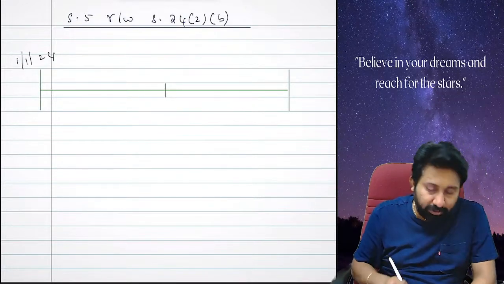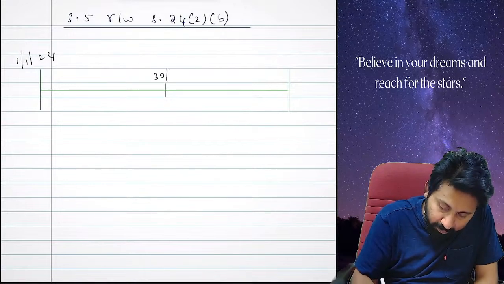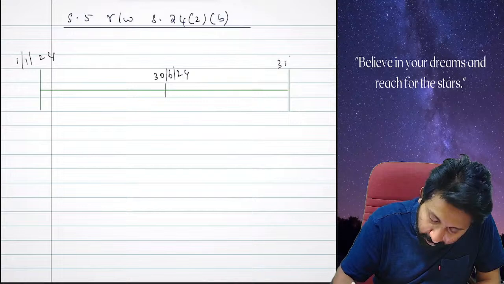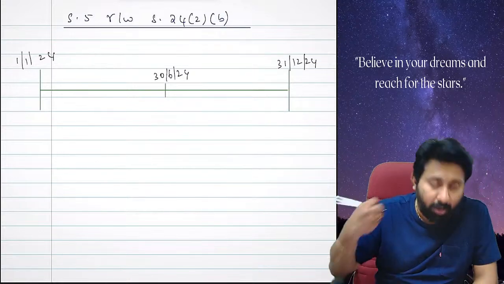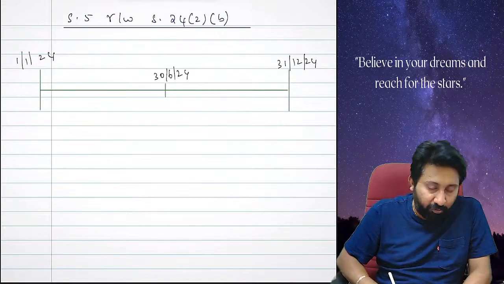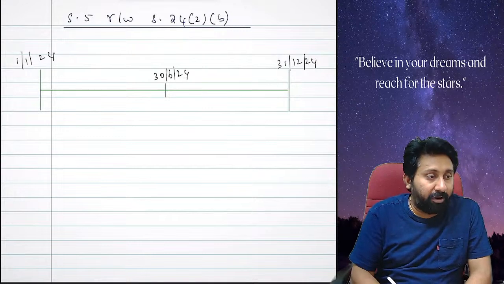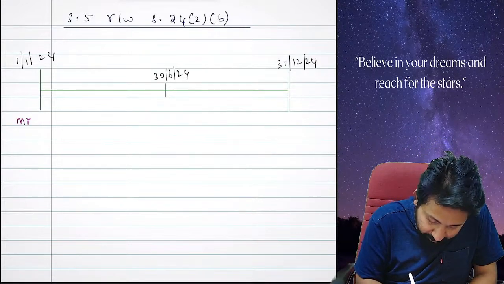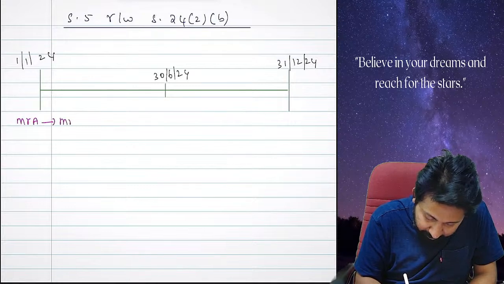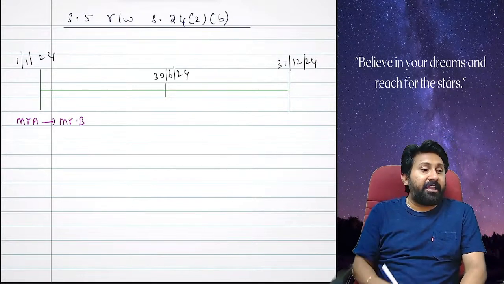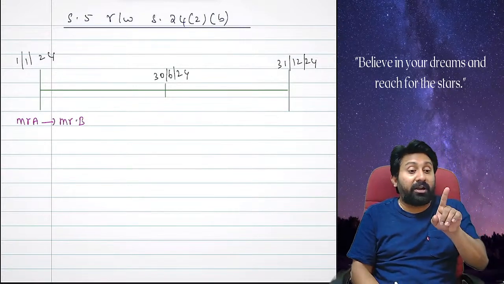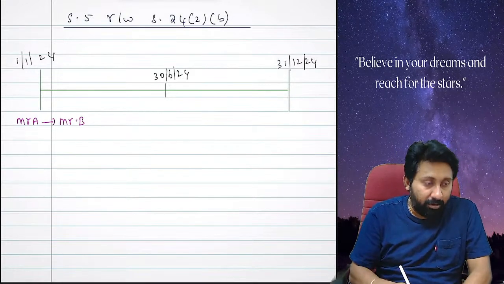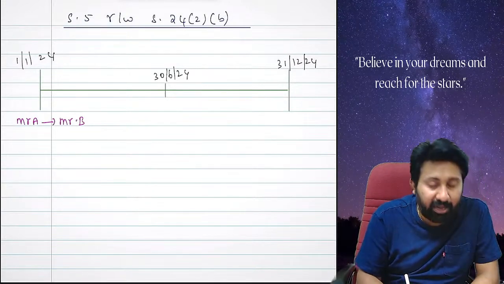On 1/1/2024, on 30/6/2024, on 31/12/2024. On 1/1/2024, Mr. A filed a complaint against, don't write, I will give time. Please listen first. Mr. A gave notice or complaint against Mr. B.